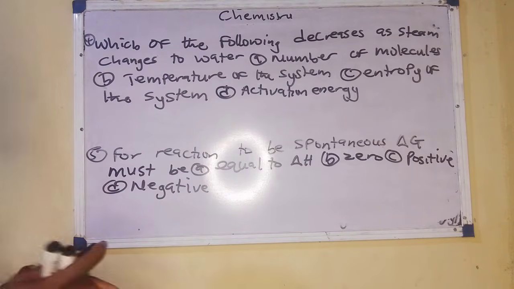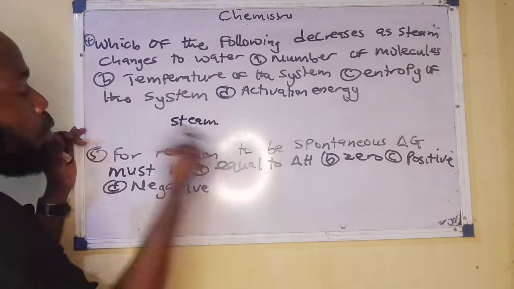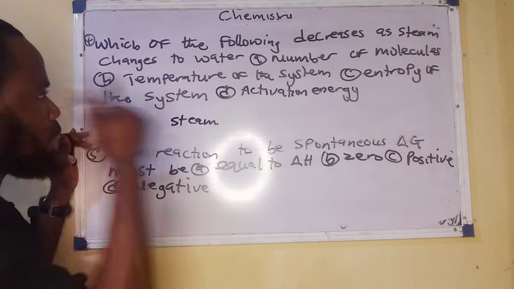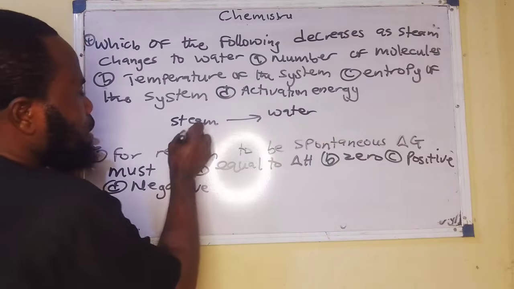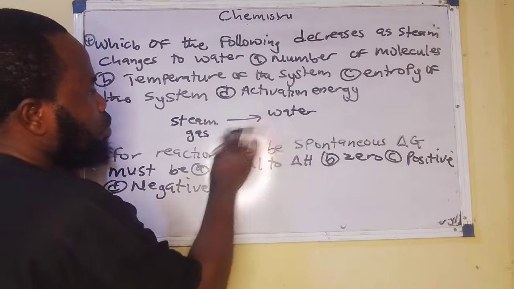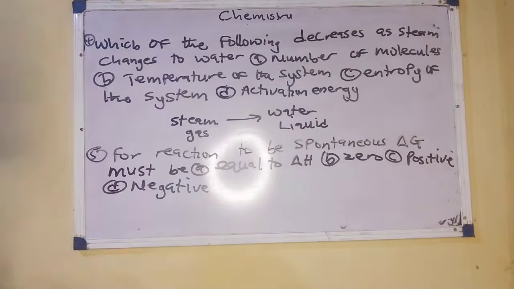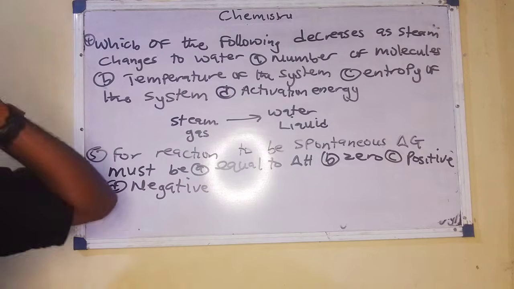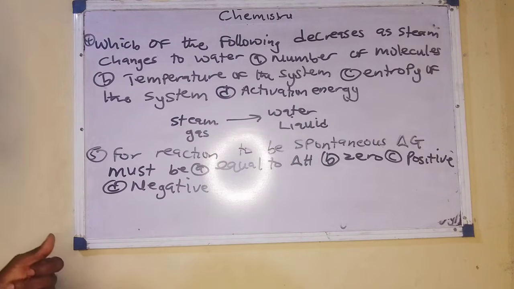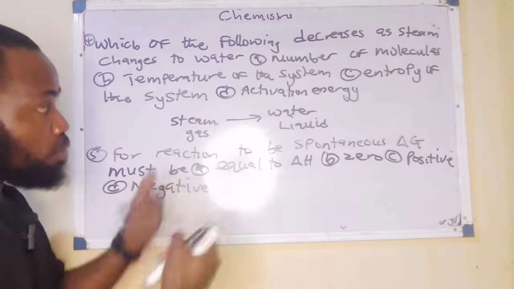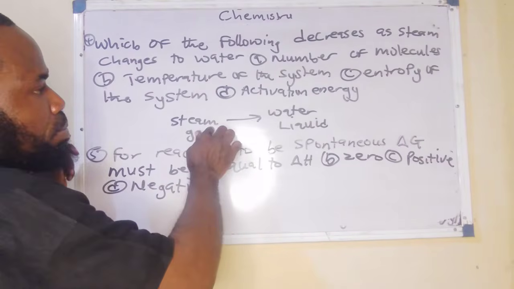First of all, you know that steam, vapor, gas, if it's changing to water, that means this gas is changing to liquid. Now, as steam changes to water, remember the vibration of the molecules reduces, which means the collision reduces. So the steam is being converted to water.